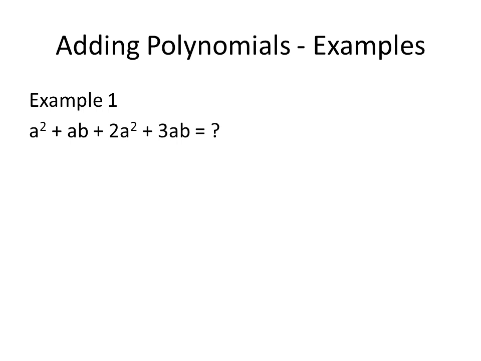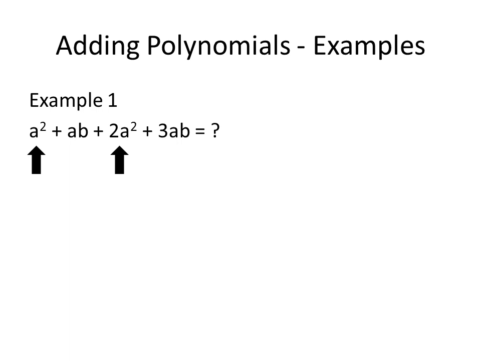Looking at our example again, we have a to the second power plus ab plus 2a to the second power plus 3ab. Again, you'll remember that a to the second power and 2a to the second power are what we call like terms.